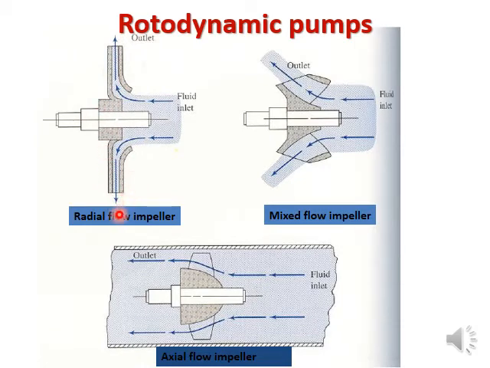Now in this type, flow is radial inside the impeller. Relative to the impeller, if you consider the motion of fluid, it is radial. And a fluid particle remains almost in one plane perpendicular to the direction of rotation.